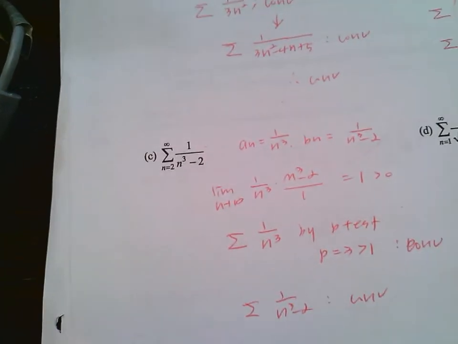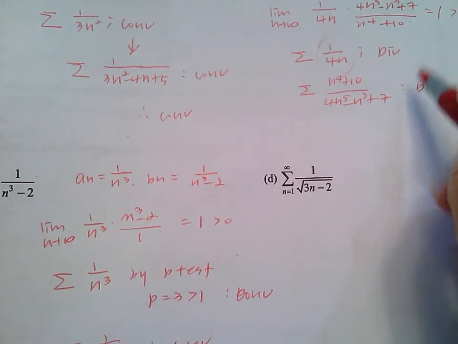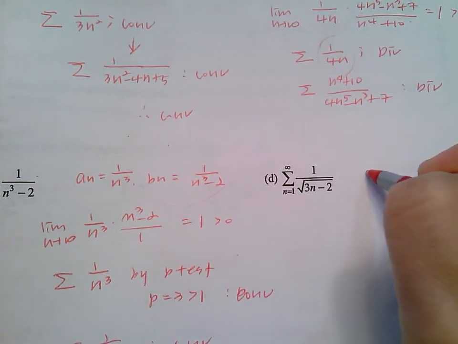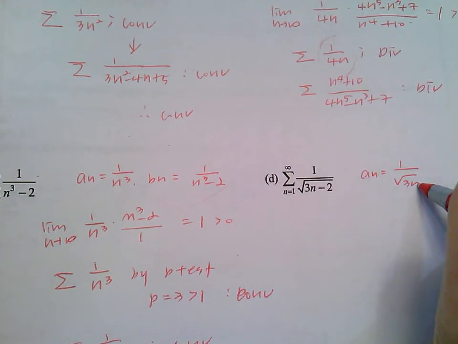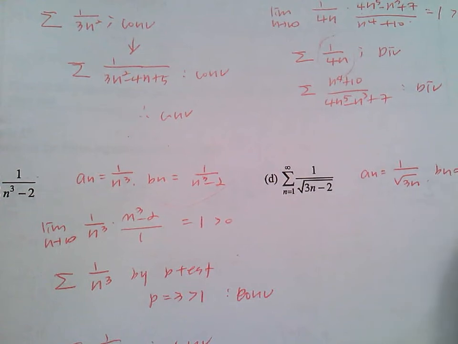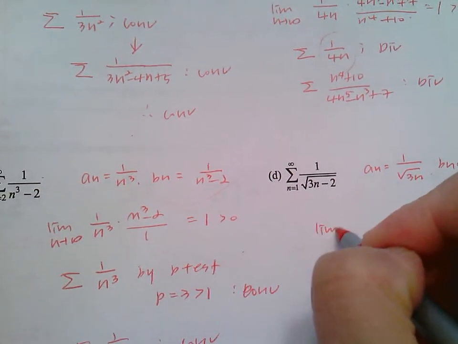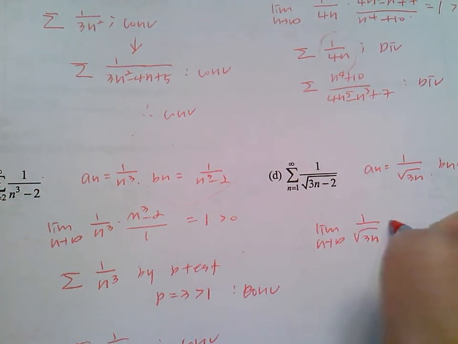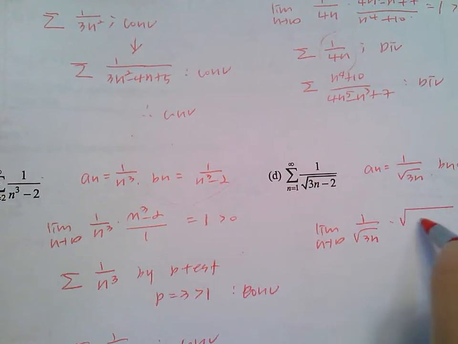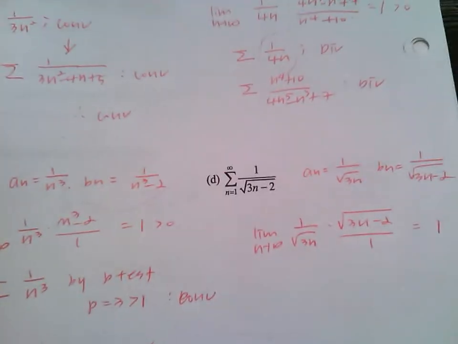Okay. Now let's try D. All right. Now D, so a sub n, reduce to the leading term, which is 1 over root of 3n. B sub n is just the series itself, 1 over root of 3n minus 2. So now the limit as n approaches infinity of a sub n, 1 over root of 3n, divided by b sub n, or the reciprocal of b sub n, 3n minus 2 over 1, reduce the leading term, which is 1.